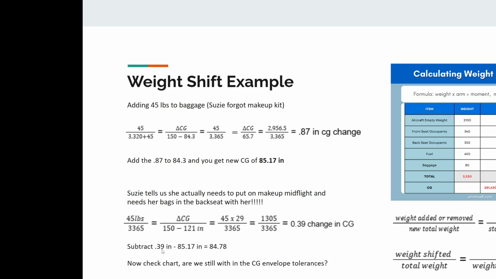So 85.17 minus 0.39 gives us a new center of gravity of 84.78. And again, we check the chart, see, hey, are we still within the CG envelope tolerances? And if we are, we're good to go. Susie can put on her makeup, all dandy, all good, right? So there you go. That's weight shift in a nutshell.